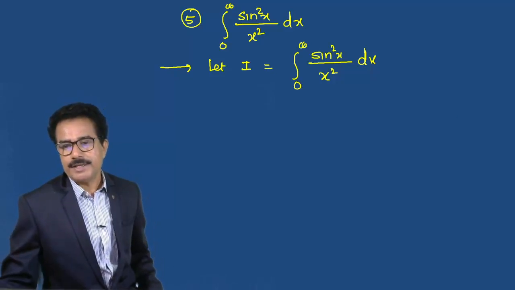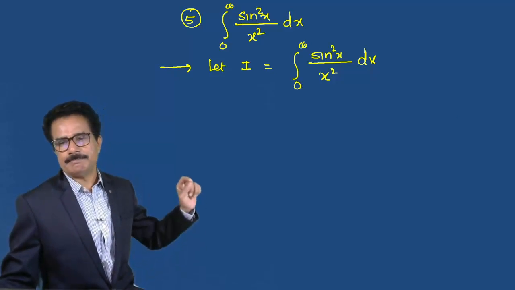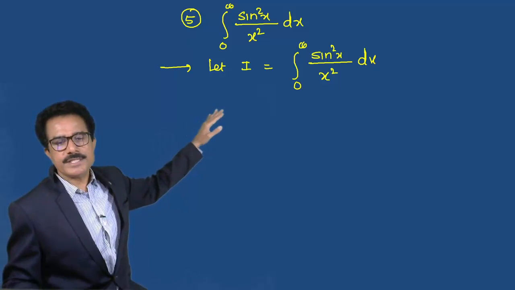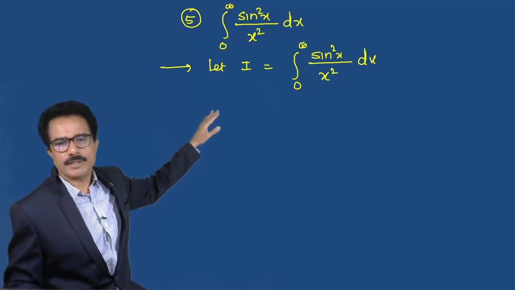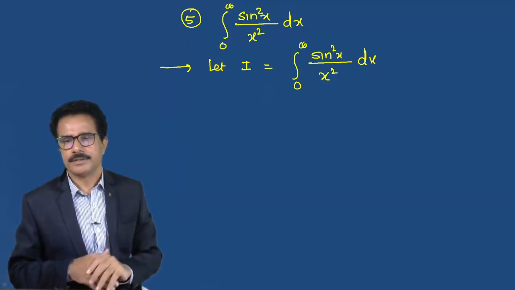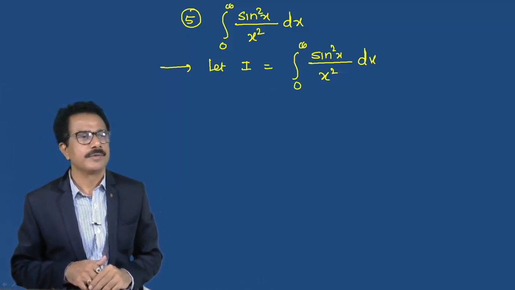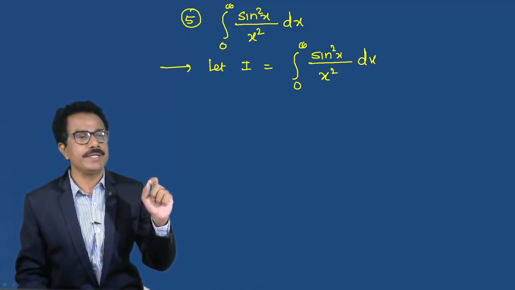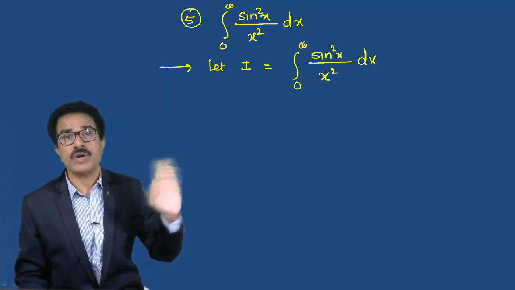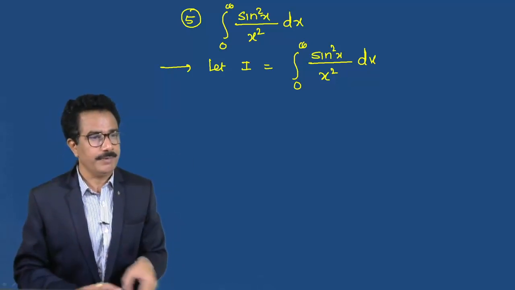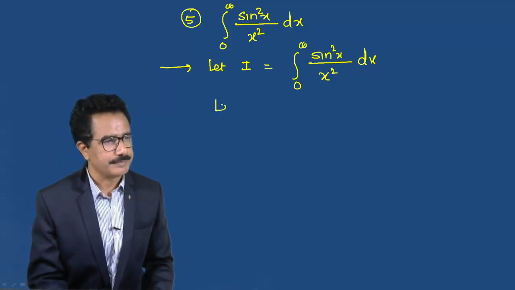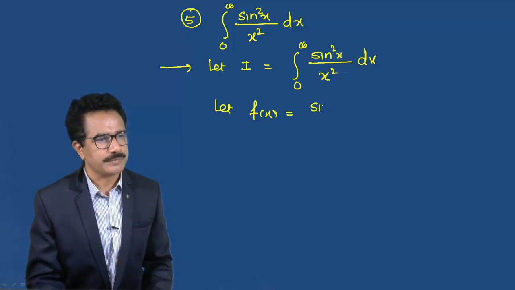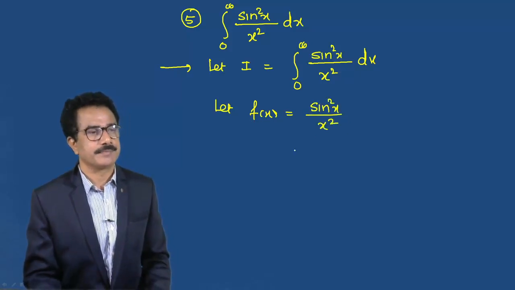Check this problem. In this case, if we put 0, then sin 0 will be 0. In this case, 0 is not infinity. First, let f of x is equal to sin square x divided by x square.